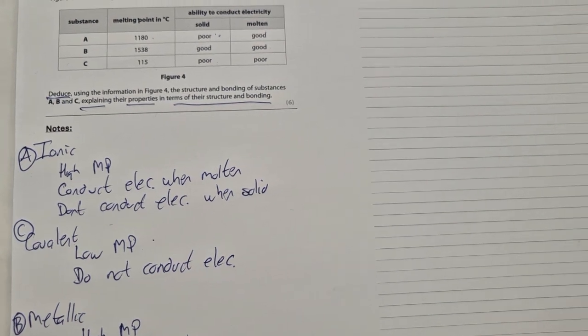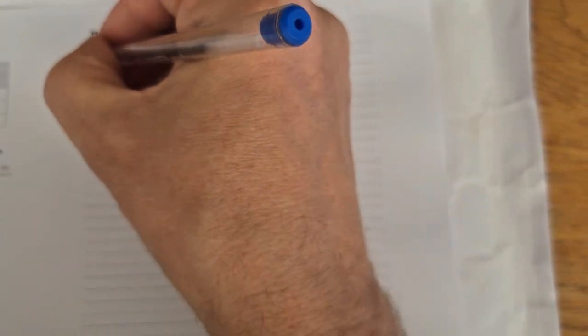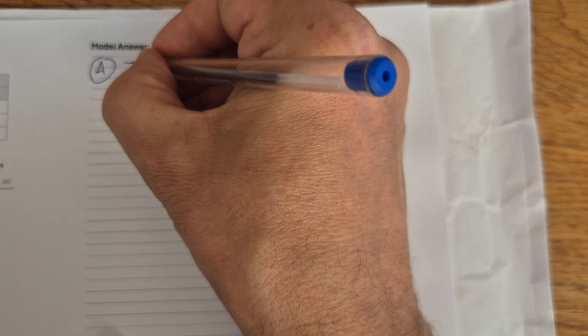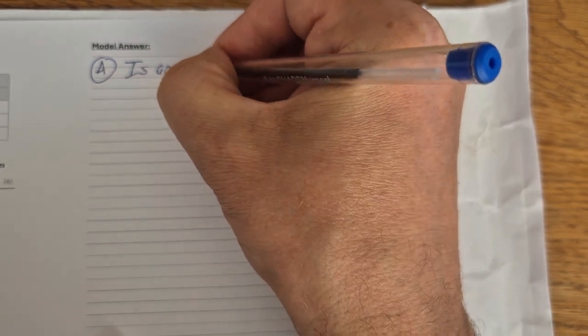Okay, now let's put that into some words over here as an answer. So let's start off with A. A is an ionic bond.